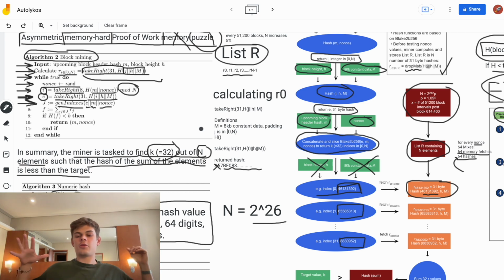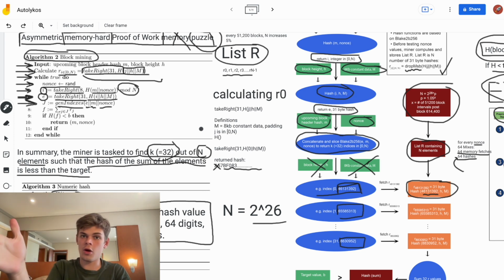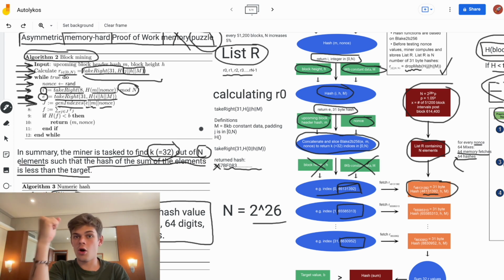So that should all make sense, because what Autolykos is doing is generating 32 indexes. Based on these indexes, you're fetching specific data from the dataset list R, and you're fetching 32 R values contained in list R given the indexes.